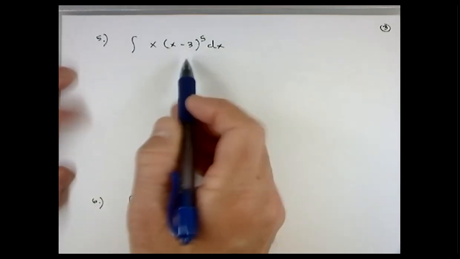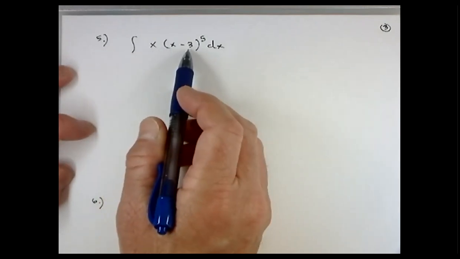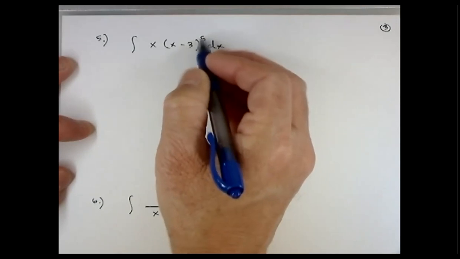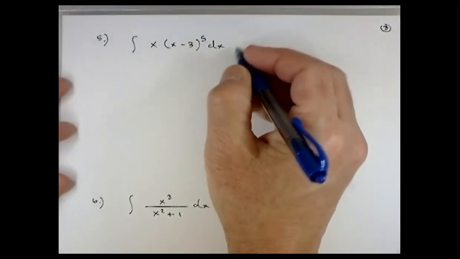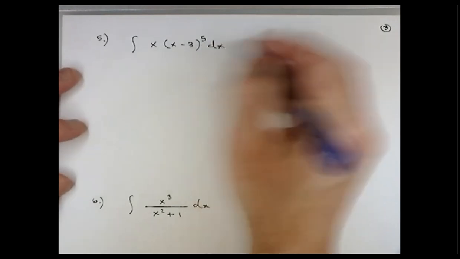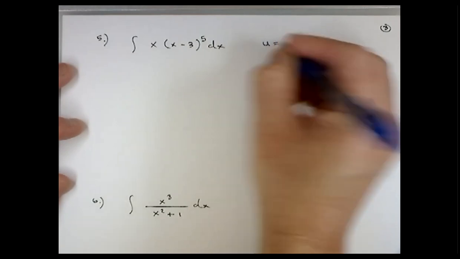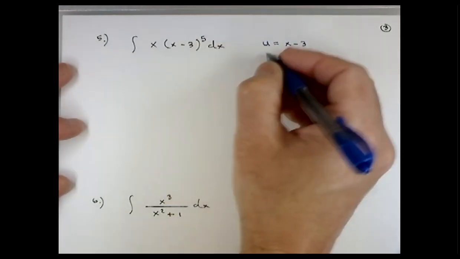Okay, I have x times (x minus 3) to the 5th. If I wanted to FOIL that out and distribute the x, I wouldn't have to bother with U-sub, but who wants to raise that to the 5th? Not me. If I was going to choose a u, I would just choose what's inside the parentheses.